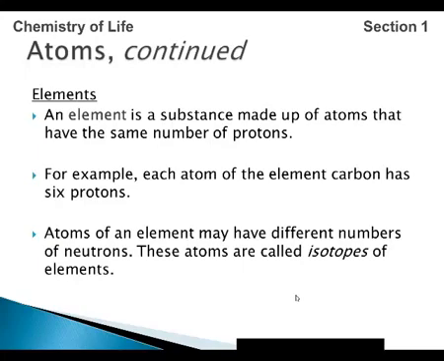So for example, carbon always has 6 protons, but carbon in different forms can have 5 neutrons or 7 neutrons, or it can also have 6 neutrons. So we need to understand that isotopes occur where the number of neutrons can change.